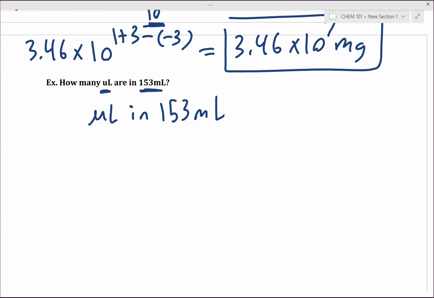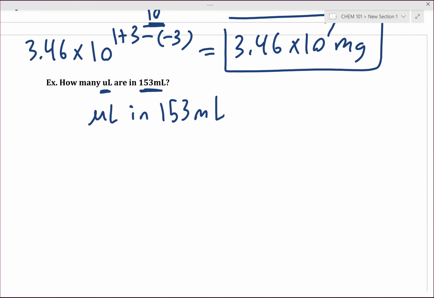So the power of 10 always stays with the base. Yep, your math looks good. Oh, wait.